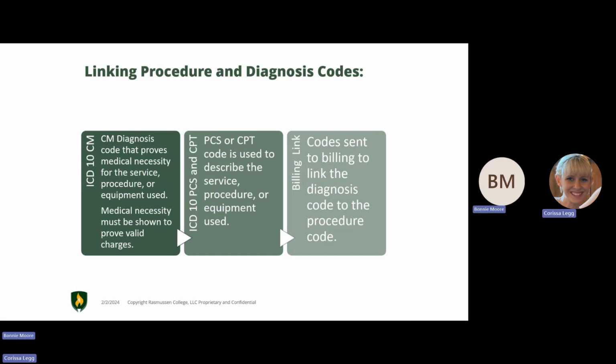But you start with that CM diagnosis code that does prove it's medically necessary to do the service, procedure, or use the equipment used. It then has to link to either a PCS or CPT code that's used to describe the service, procedure, or equipment used. It has to match, and it has to make sense, and it has to give a valid reason why.